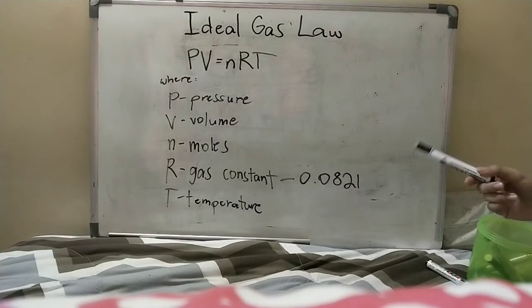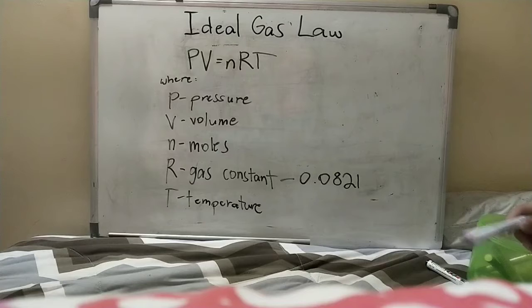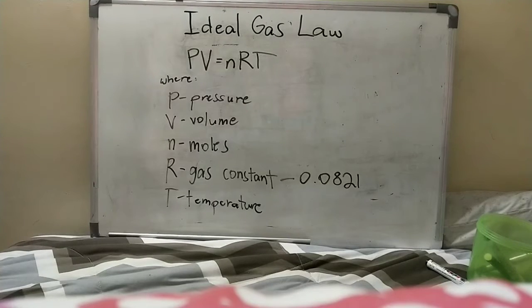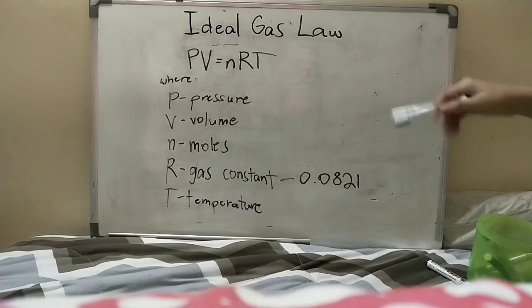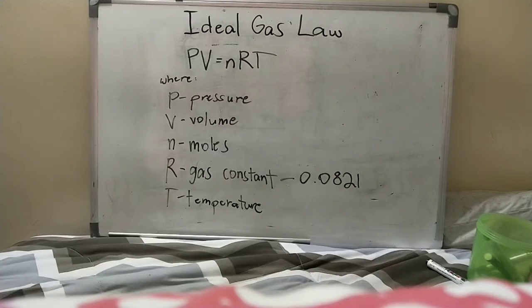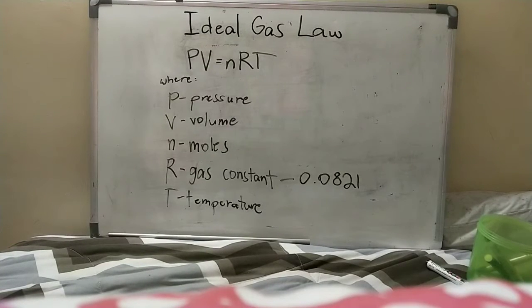So, the gas constant is the standard constant of gases, the standard number of gases in an equation. It can also be found by deriving this equation, in which it is PV over NT. That's how we get the gas constant. We use this formula in order to get the ideal gas in different situations.